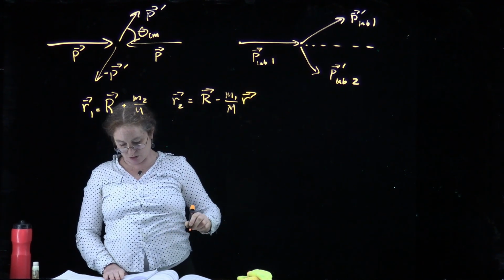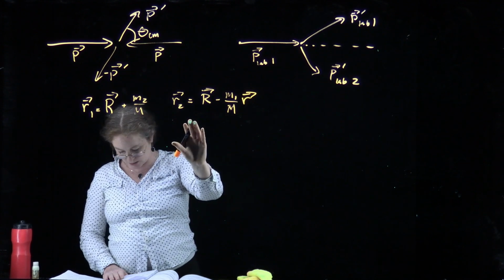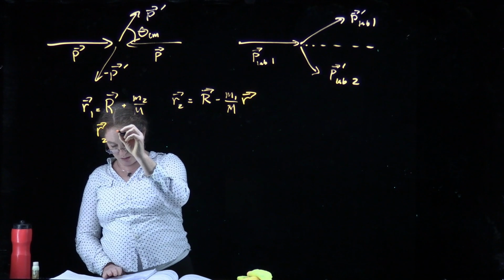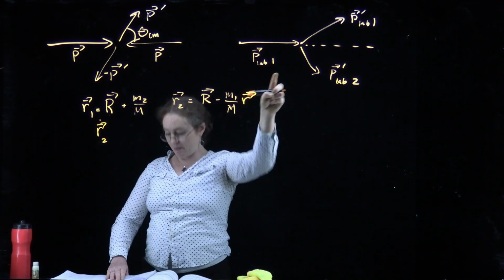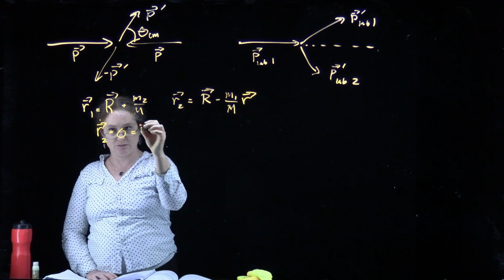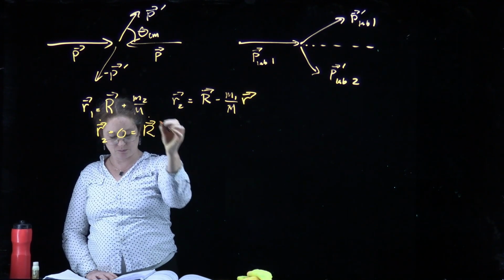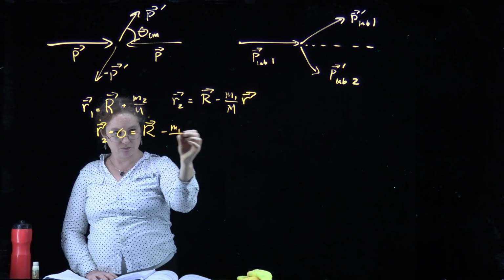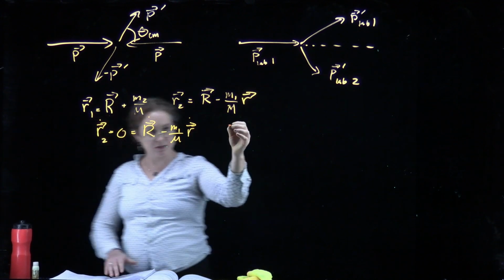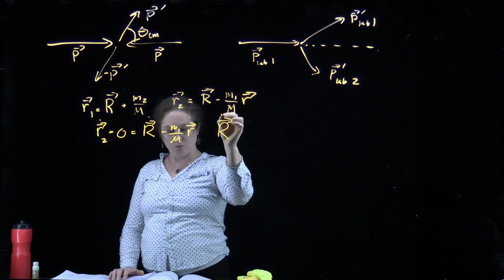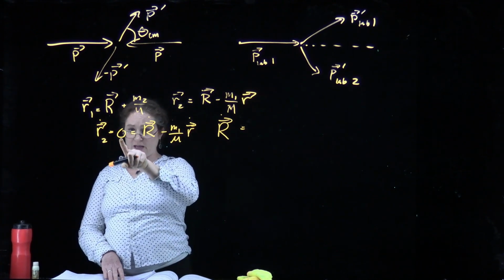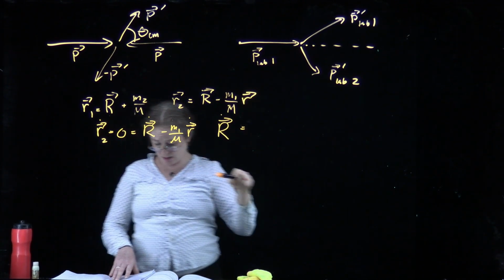And since particle 2 is at rest in the lab frame, I get that R1 dot, so R2 being at rest in the lab frame implies this.